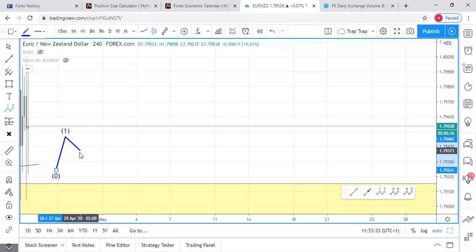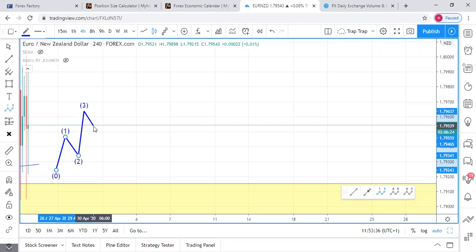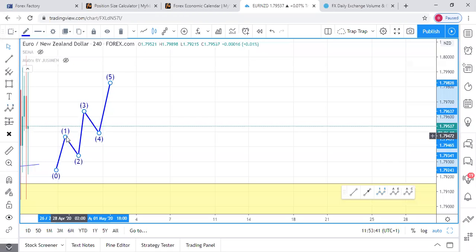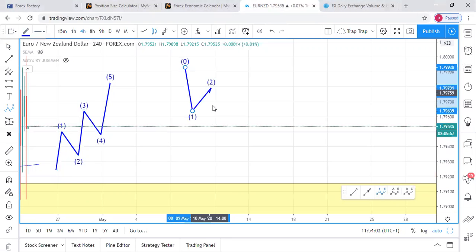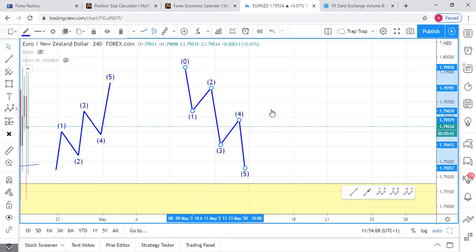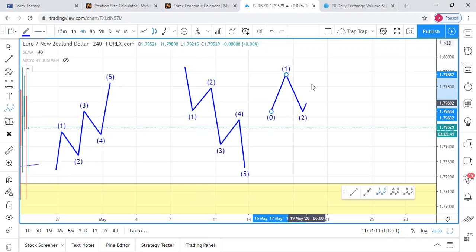Price is either doing this, and for this, we say price is in an uptrend. The next one is a downtrend. Then there are times we have something like this.